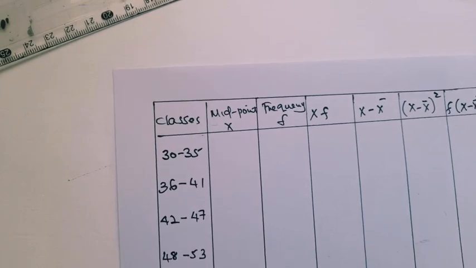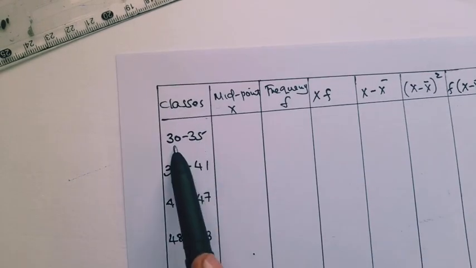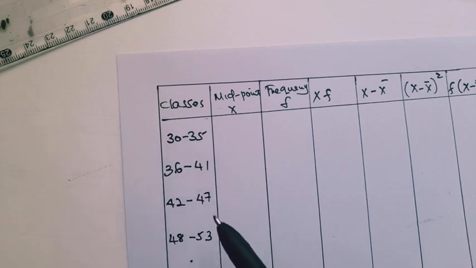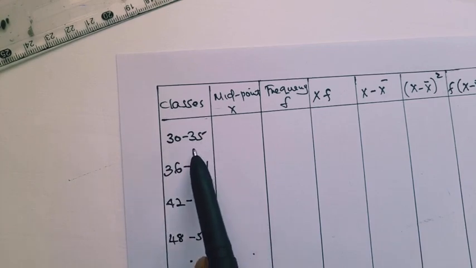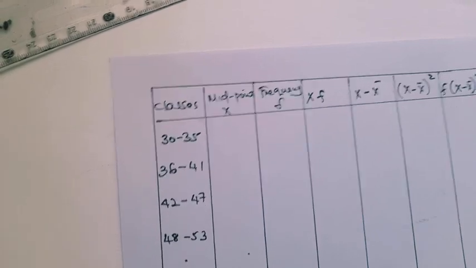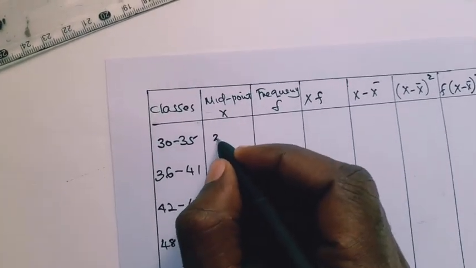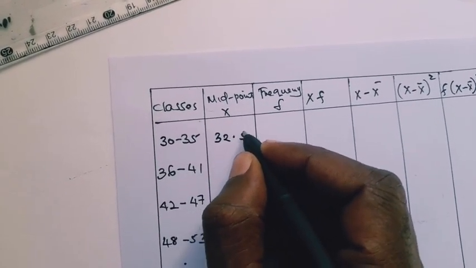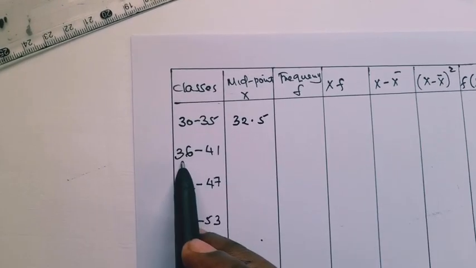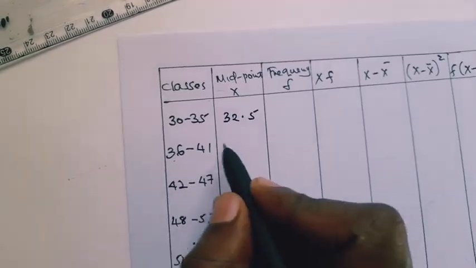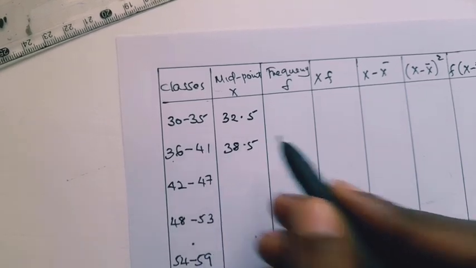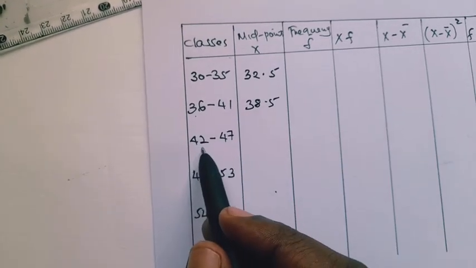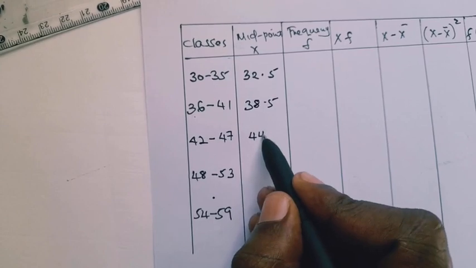Midpoint is calculated by taking this plus this divided by 2. So if this one is added here, it becomes 32.5. And this plus this divided by 2, it becomes 38.5. And this plus this divided by 2 is 44.5.